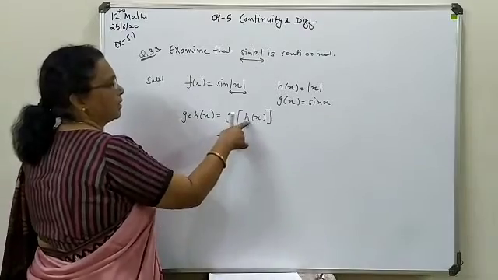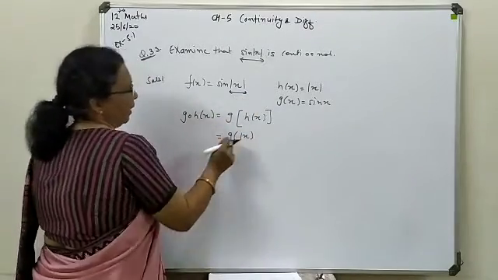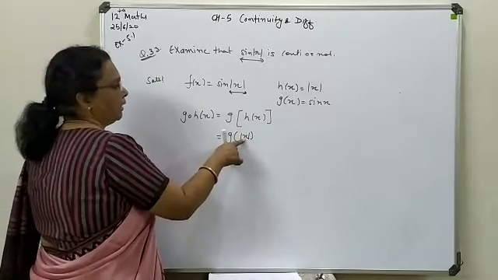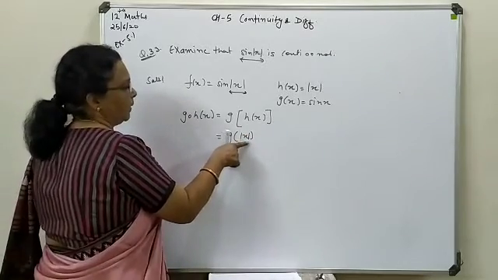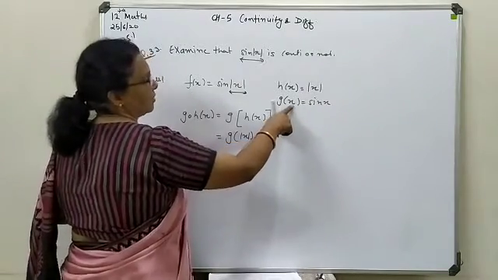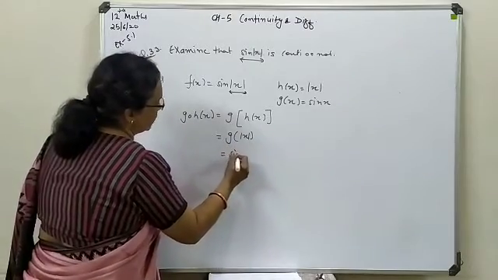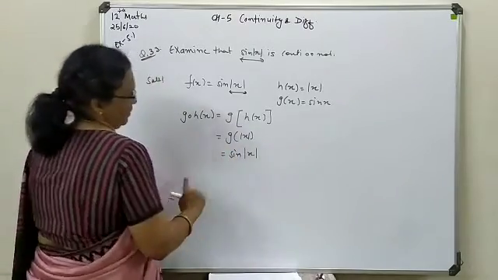What was our h(x)? Modulus of x. Now in the g(x) function, in place of x, we write modulus of x. g(x) we defined as sin x, so this will be sine of modulus of x.